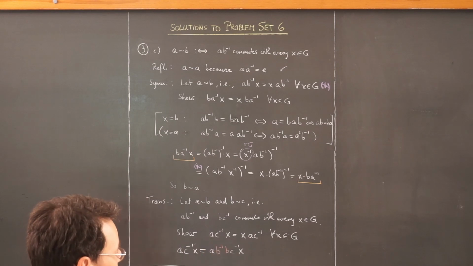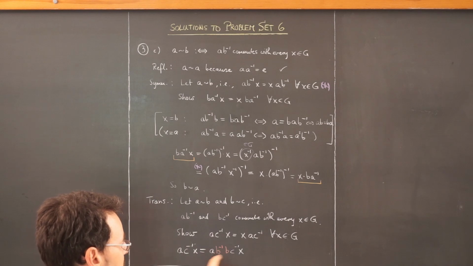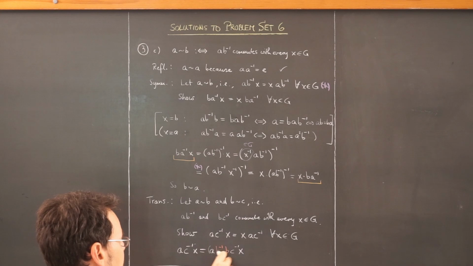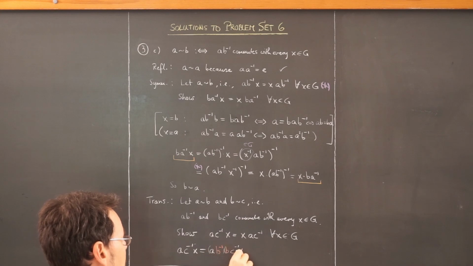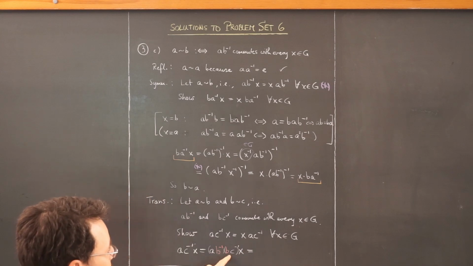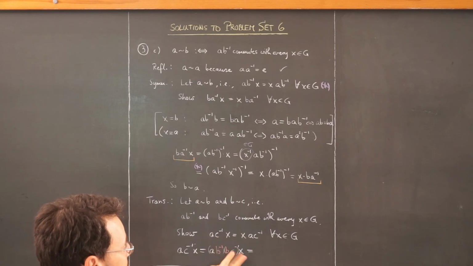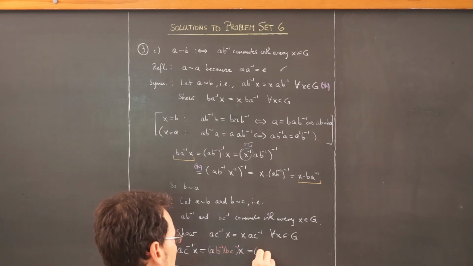As always, we use the trick inserting the identity, in this case as B inverse B. Okay, and now, because BC inverse commutes with any group element, I can switch places here.